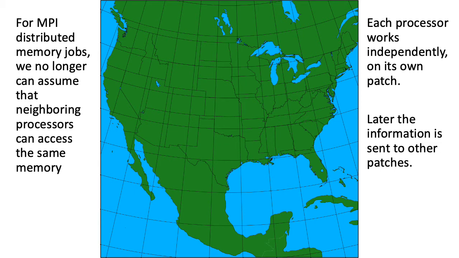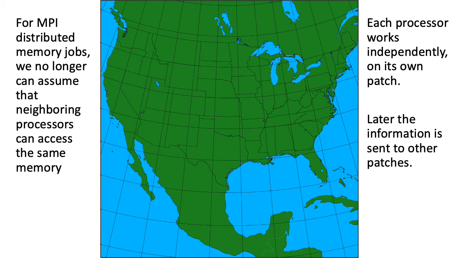And to get access to data in another processor's memory, we need to send messages back and forth. This is the message passing interface. So with MPI, we can no longer assume that if we have next door neighbors, that the processors can access this same memory that they share. Even though on a single node, they do share the exact same memory.